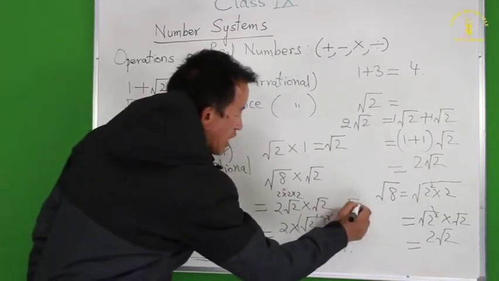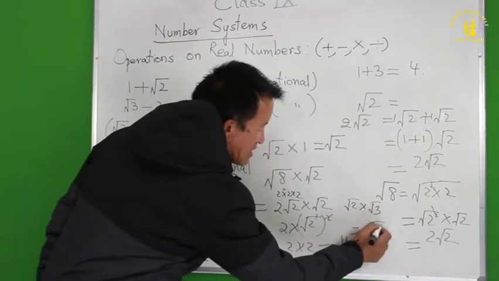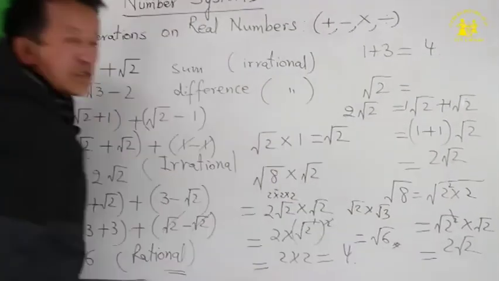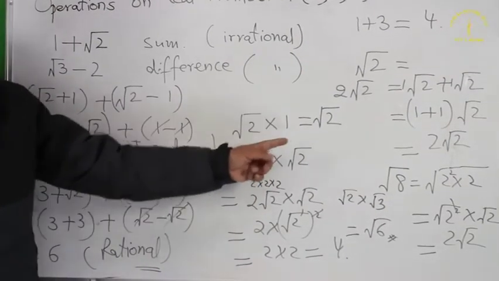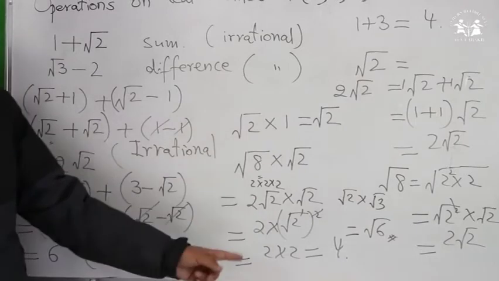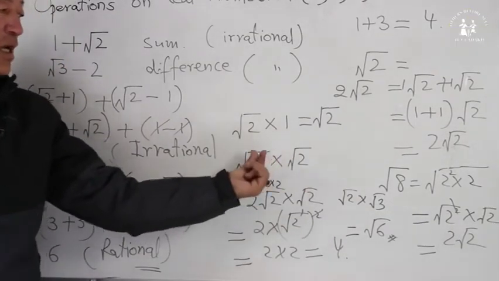Square root of 2 times square root of 3 is square root of 6, irrational. But square root of 8 into square root of 2 is 4, rational.